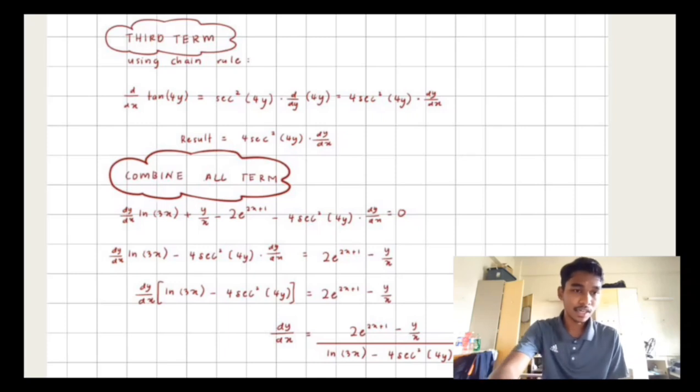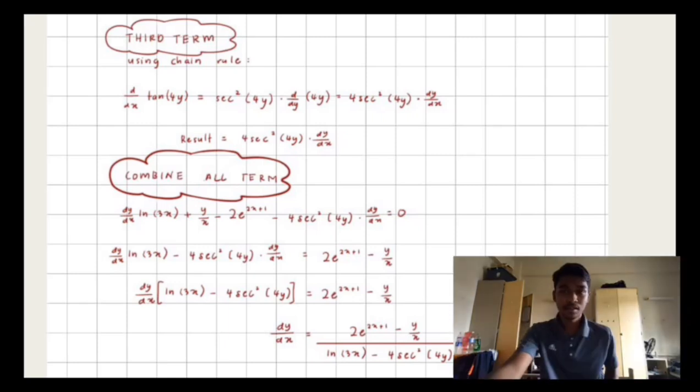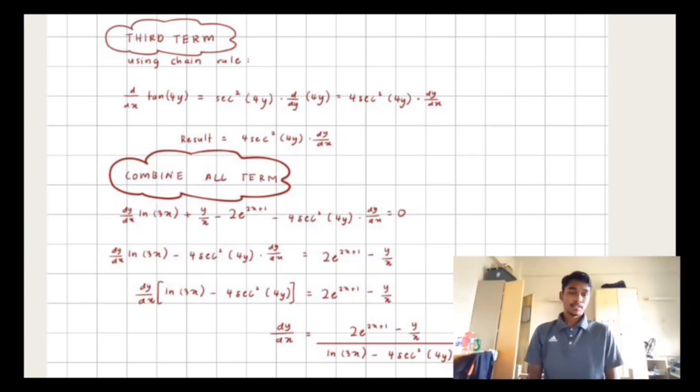The answer is dy/dx ln 3x plus y over x minus 2e to the power of 2x plus 1 minus 4 secant squared 4y times dy/dx equal to 0.